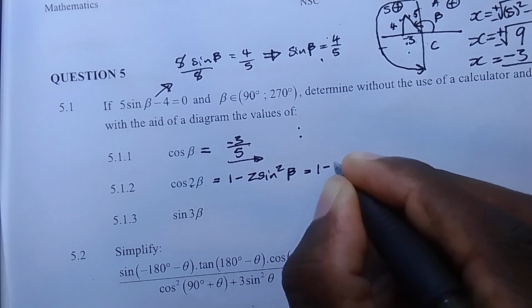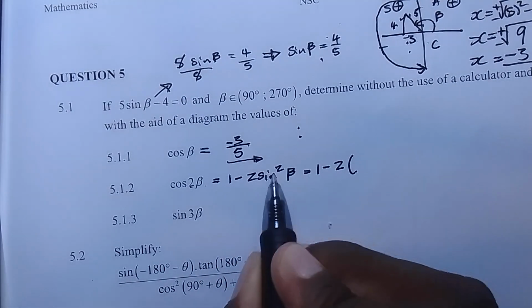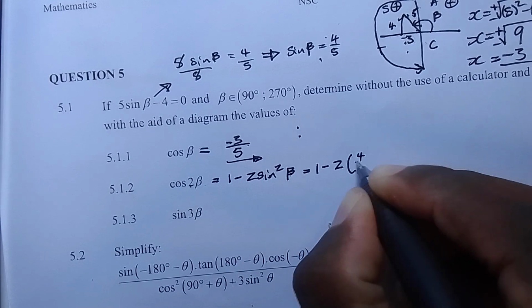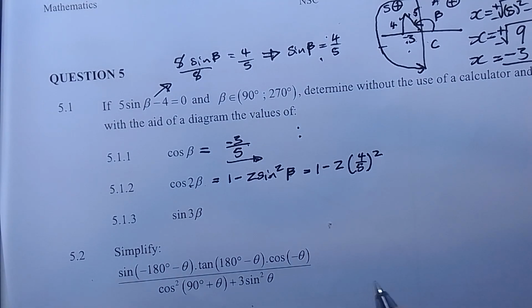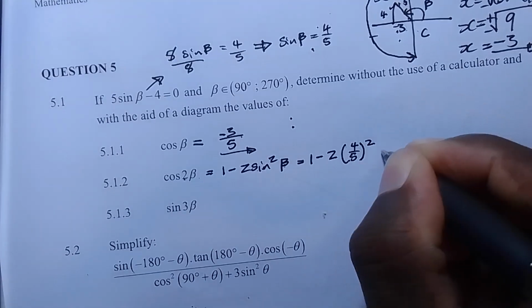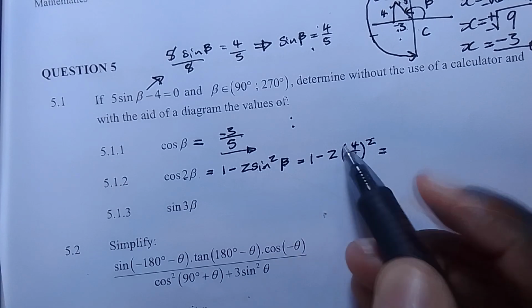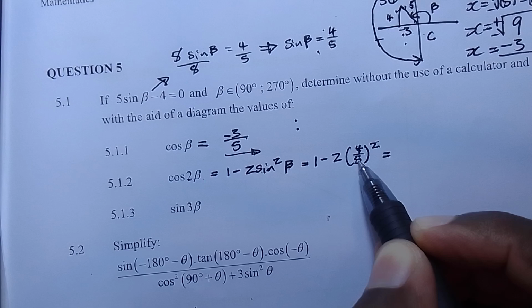So we have 1 minus 2 into, when you substitute sine beta here, you have 4 over 5, but sine beta is squared, therefore you square that. Now you have 4 squared, which is 16, over 25.